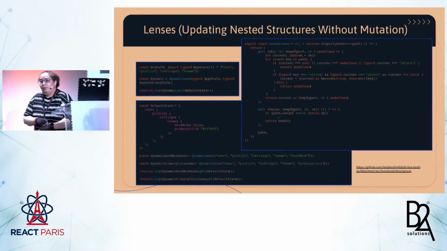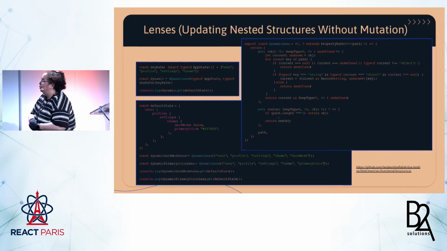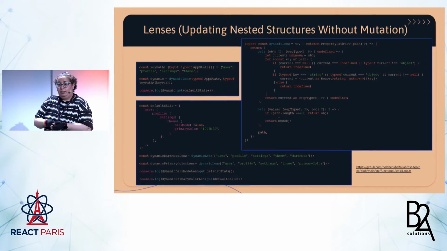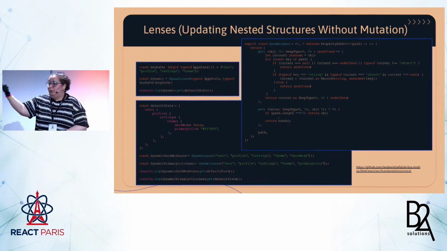I can use lenses, for example, to update nested structure without mutating an object. Functor, monad, lenses are all a mathematical concept that exist inside category theory.